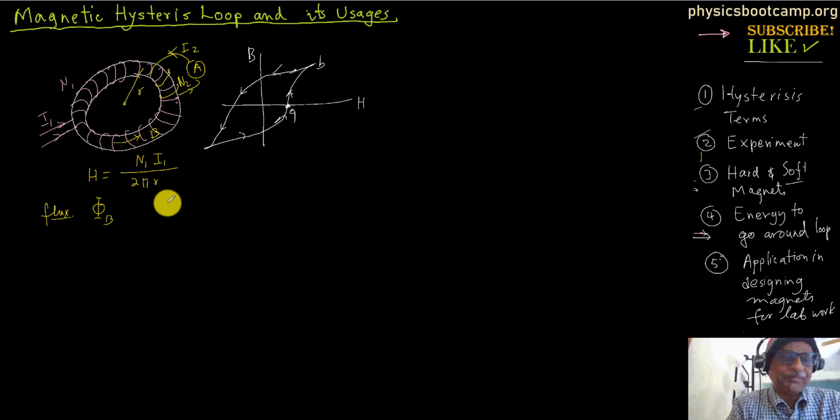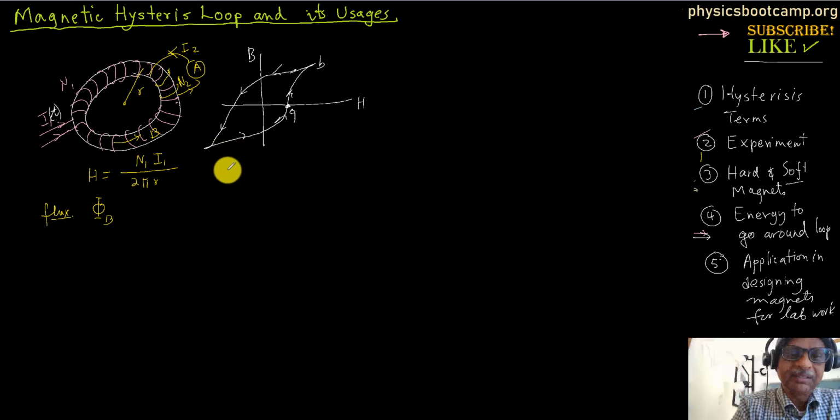Well, what will happen when you change, say, this current? When we change I1, we are going to have to work against the self-induced back EMF, right?